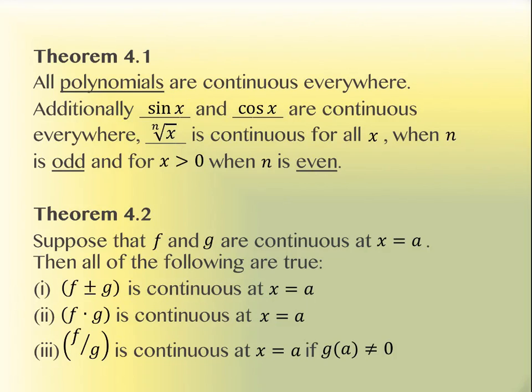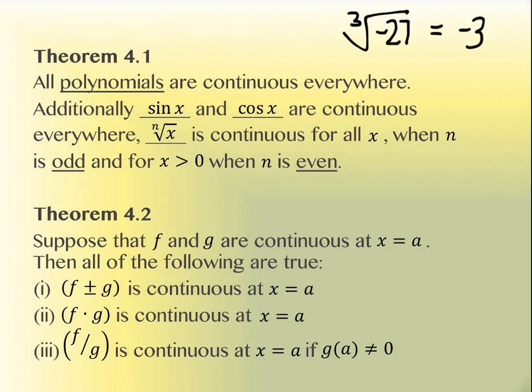When you have a cube root, a fifth root, any other odd root, you can take that root of any number, positive or negative. For example, if I had the cube root of negative 27, that's perfectly fine. The answer is negative 3, because negative 3 times negative 3 times negative 3 is negative 27.